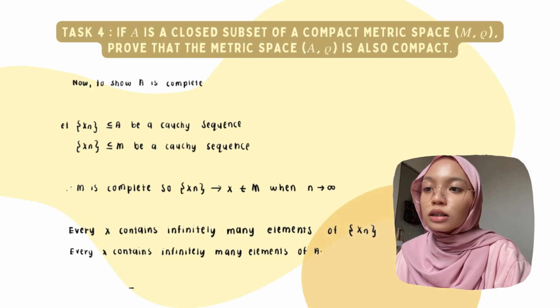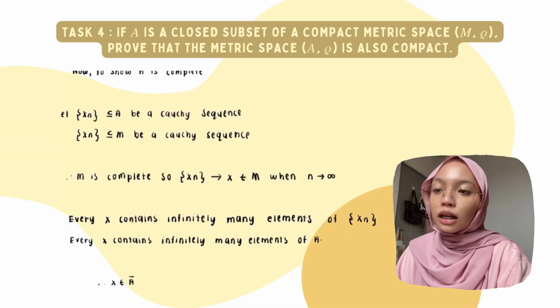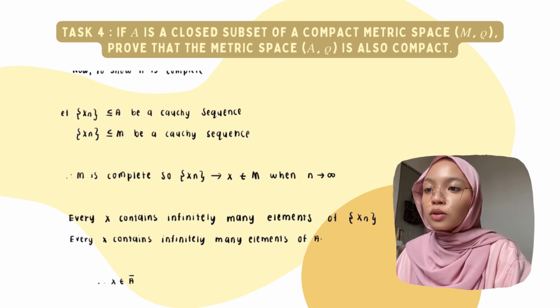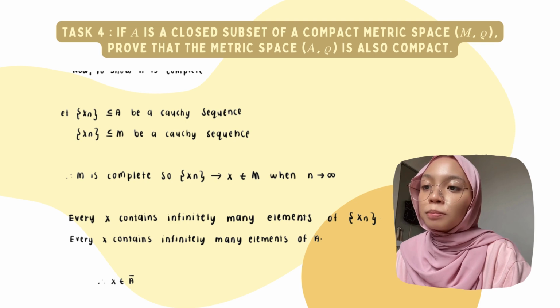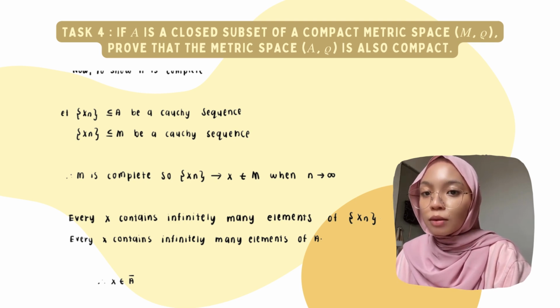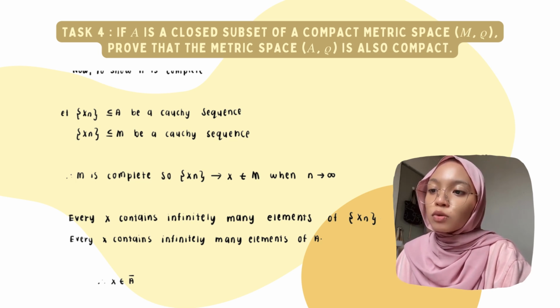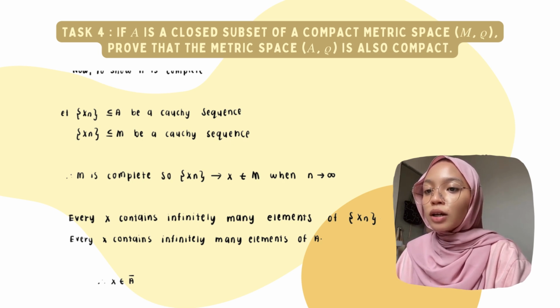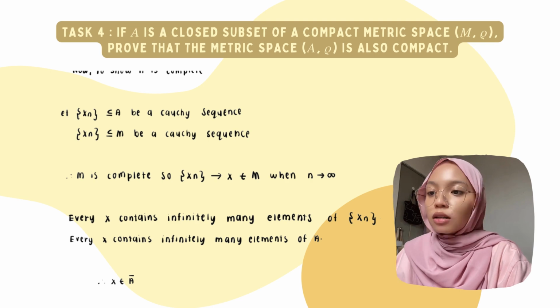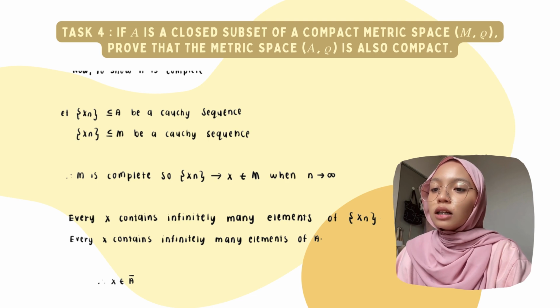Now, to show A is complete, we have to show that every Cauchy sequence in A converges. Let x_n in A be a Cauchy sequence. Likewise, x_n in M is a Cauchy sequence. Hence, M is complete, so x is an element of M as n approaches infinity. Every neighborhood of x contains infinitely many elements of x_n.